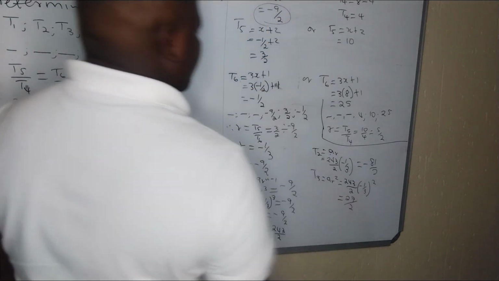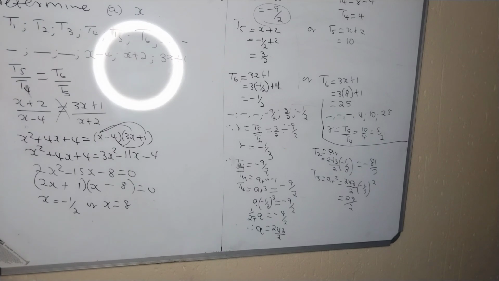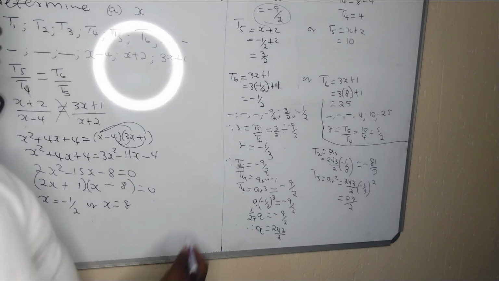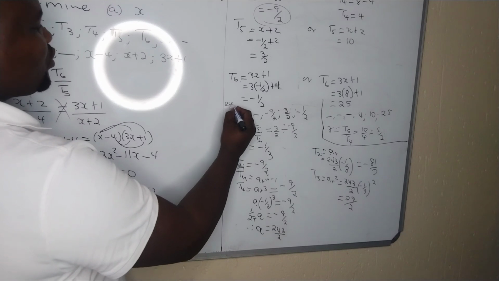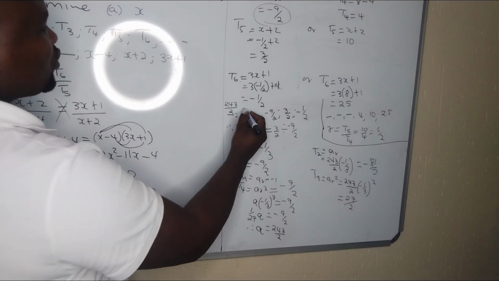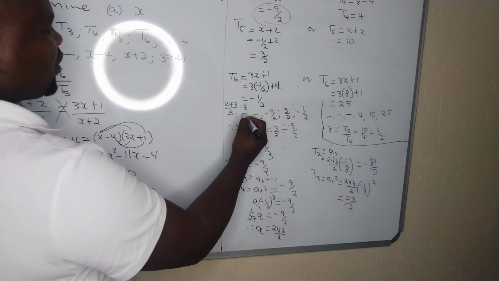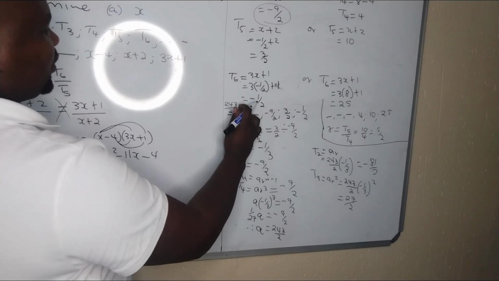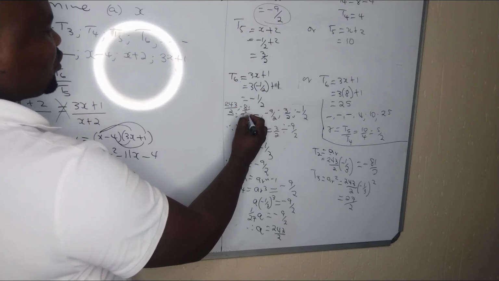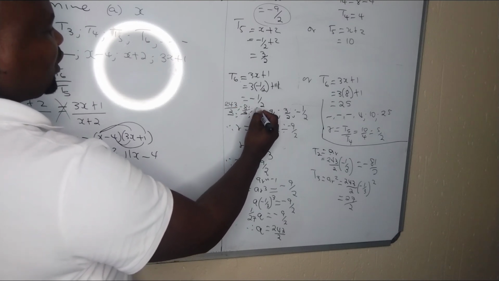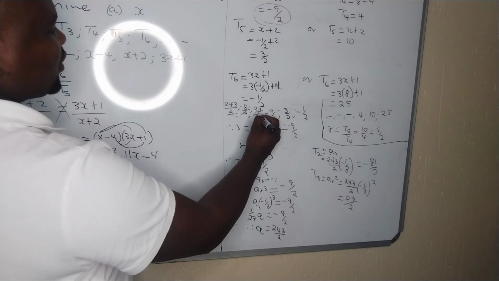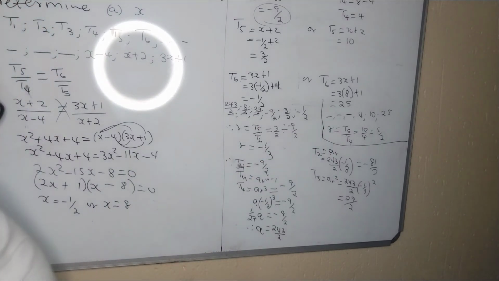Now we've answered the first part. Therefore, the first term is going to be 243 over 2, then negative 81 over 2. The other one is 27 over 2. They go on like that.